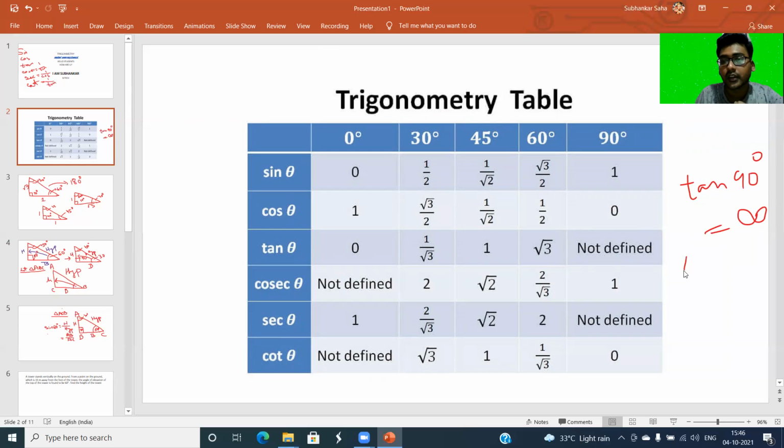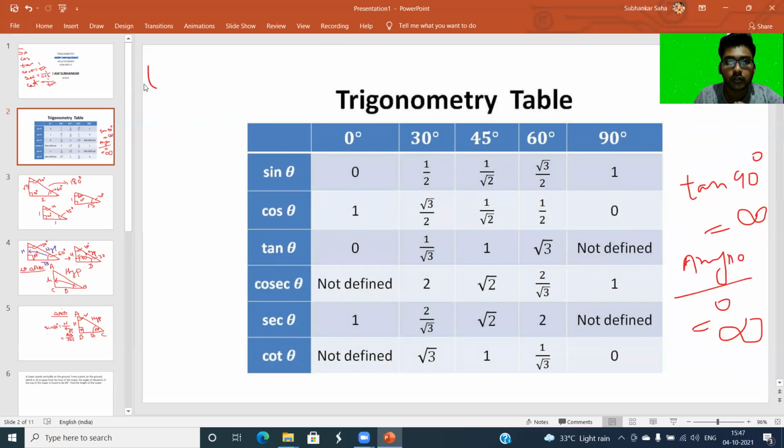Because any number divided by 0 is undefined. Tan theta means sin theta by cos theta.